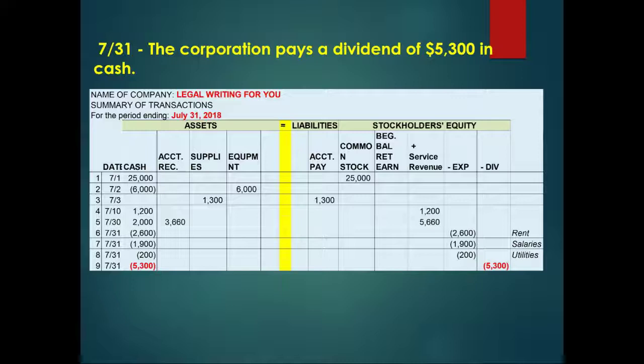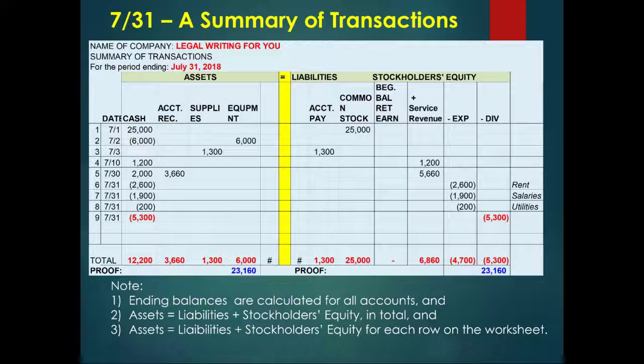Revenue increases stockholders' equity. It increases our value. It increases retained earnings. Expenses and dividends are subtracted from retained earnings. So that is why we do that. Our next step is to total each column.